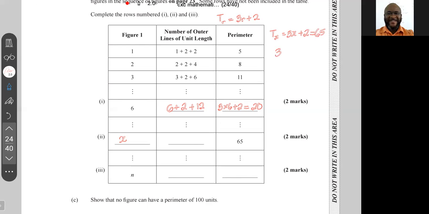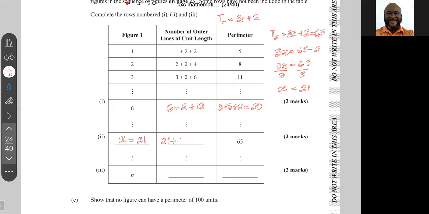So 3x would be equal to 65 minus 2. 3x would be equal to 63. Divide both sides by 3, and we're going to get x is equal to 21.